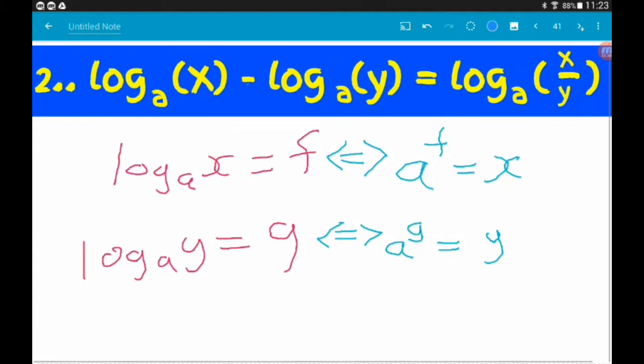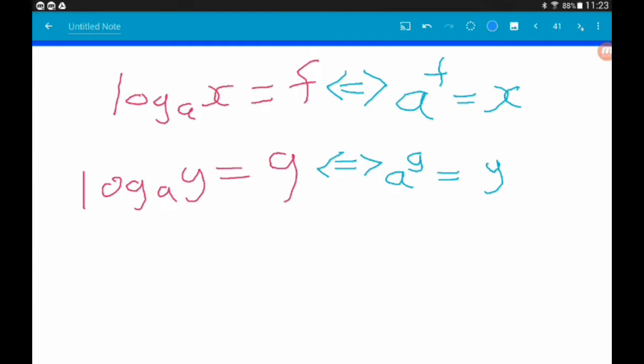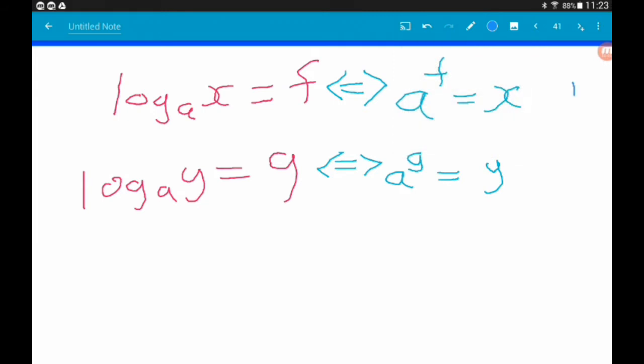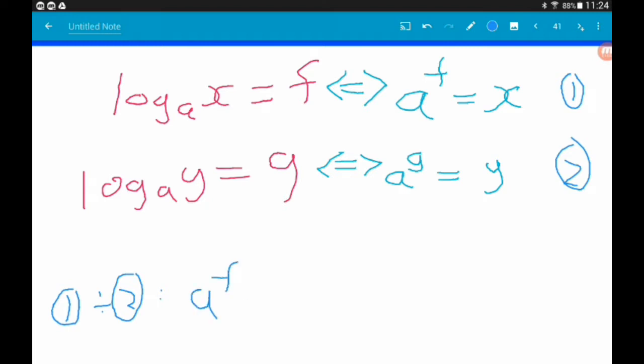So, this time we need to end up with an x divided by y. To end up with that, we're going to have to divide the first equation by the second equation. So, if we call the top one number 1, the bottom one number 2, then equation 1 divided by equation 2 is going to give us a to the power f divided by a to the power g, and that is going to equal x divided by y.